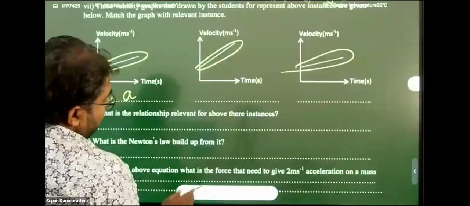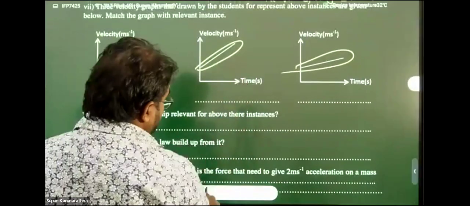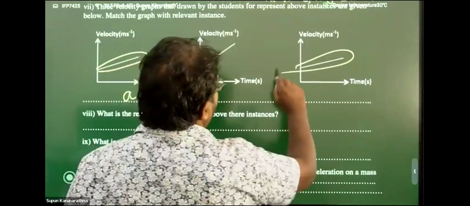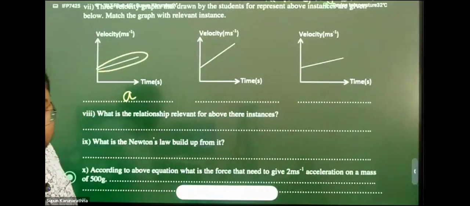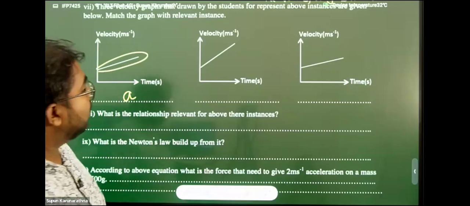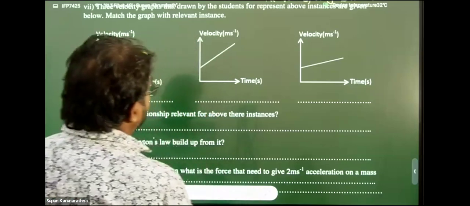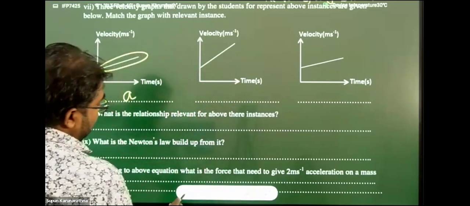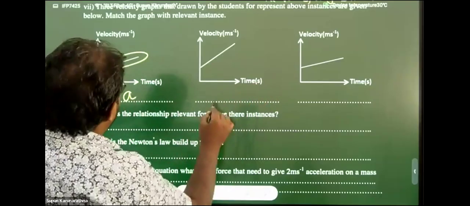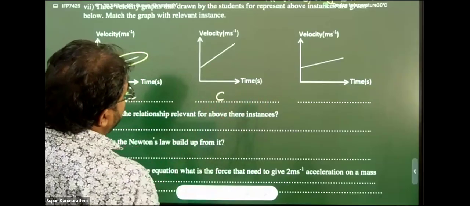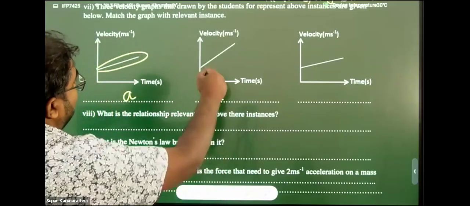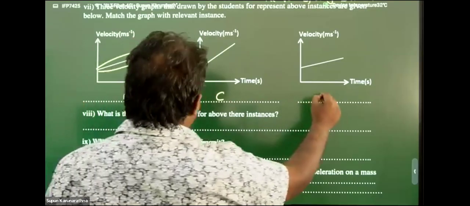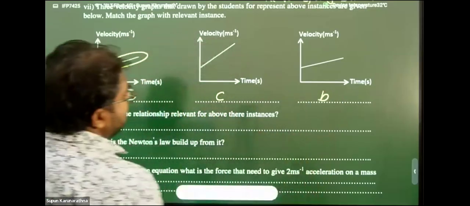When we compare these two, you can get the idea about the gradient of the third figure and the second figure. The gradient of the second figure is higher than the gradient of the third figure. Therefore, it should be related to the graph of instance 3, and it should be B, the second one.